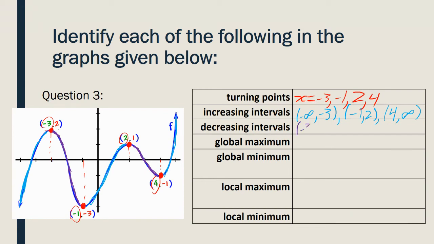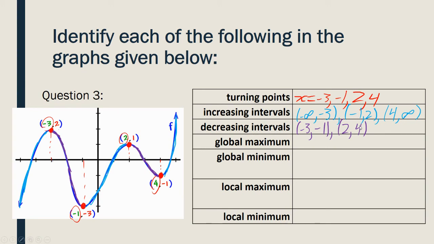So decreasing from negative 3 to negative 1. I'm decreasing again from 2 all the way to 4. So those are the intervals where my graph is increasing and decreasing. And notice each of these turning points, negative 3, negative 1, 2, 4, pop up in those intervals.